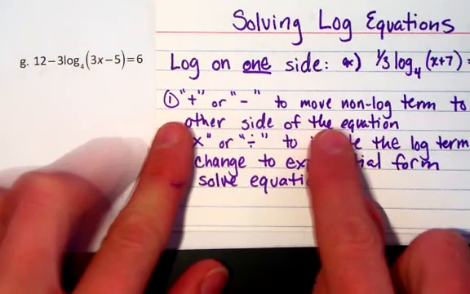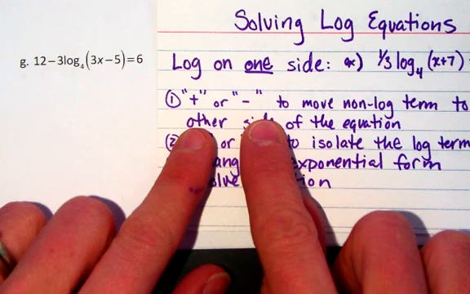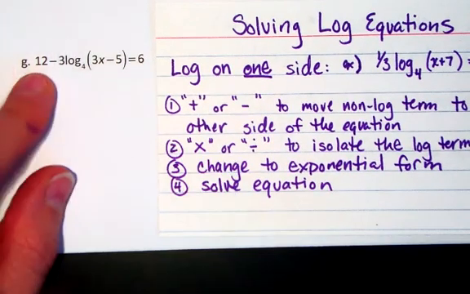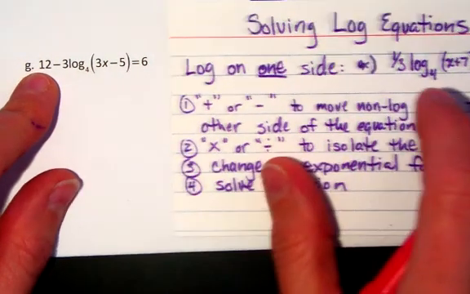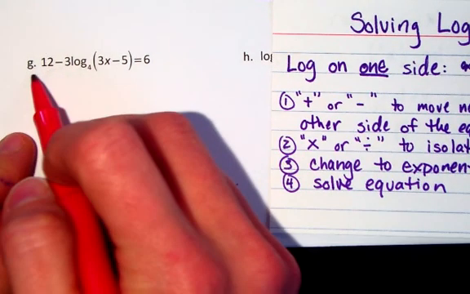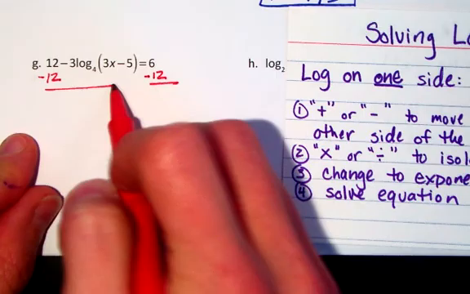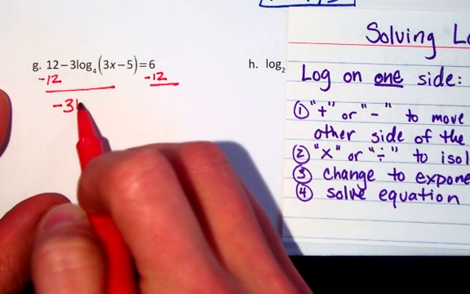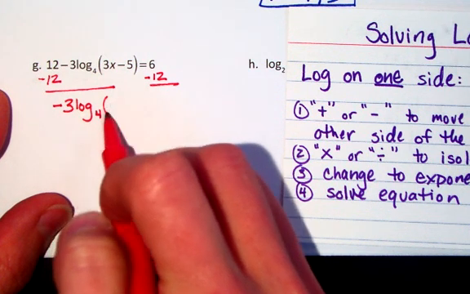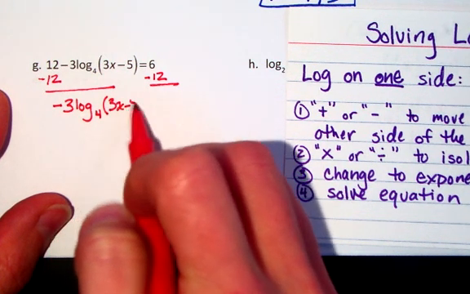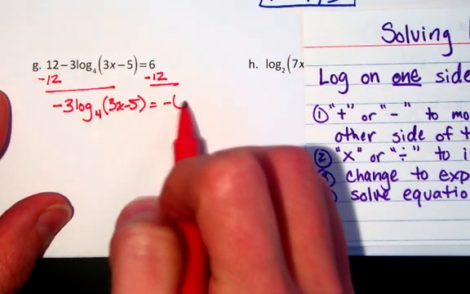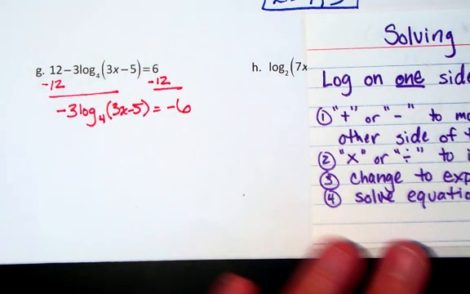Step 1 says, what do we do to it? We add or subtract it. Now, is this 12 positive or negative? So what do we need to do? We need to subtract it from both sides. Okay, we're done with step 1.